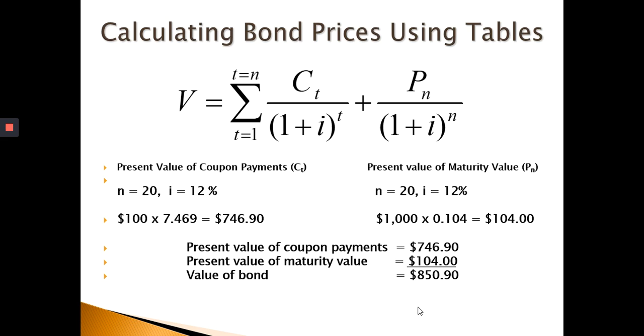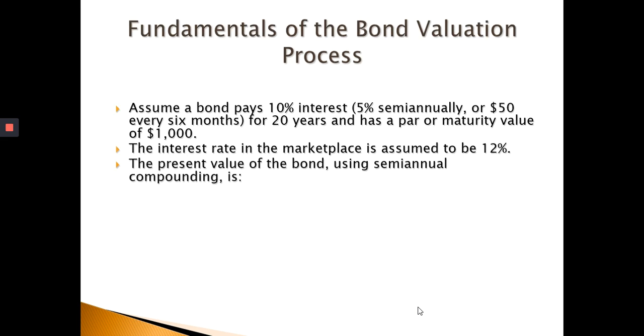So this is just another way of showing how it's done. Class, this is another example. Assume a bond pays 10% interest, but this is semi-annually, therefore 5% every 6 months.